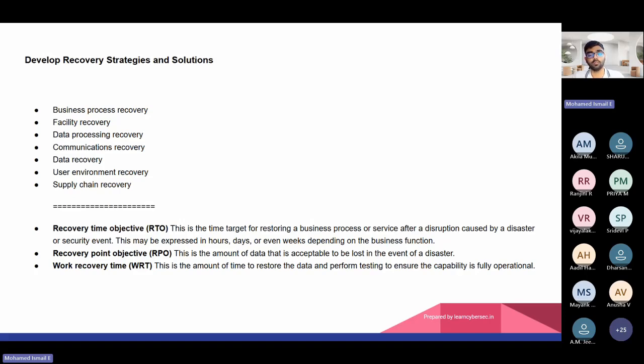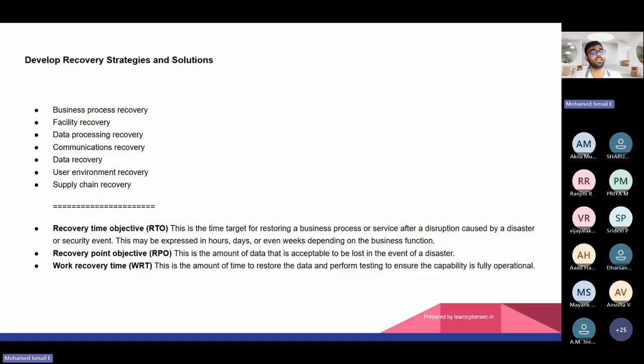Then recovery point objective, which is RPO. This is the amount of data that is acceptable to be lost in the event of a disaster. For example, midday around 1 p.m., a heavy flood happened. Since morning, there are some entries taken in the system that are locally stored, not in the SQL database, and no backup was taken.